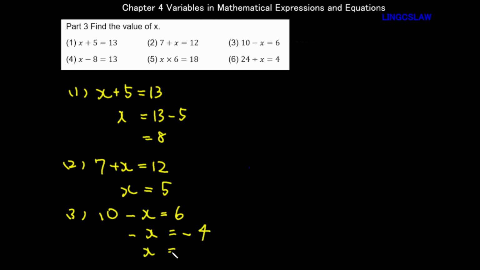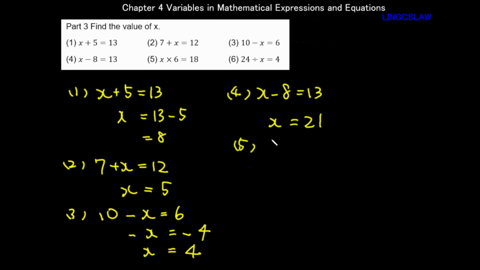And multiply both sides by -1. As a result, you will get this one. Number 4. For x minus 8 equals 13, add 8 to both sides. So 21.